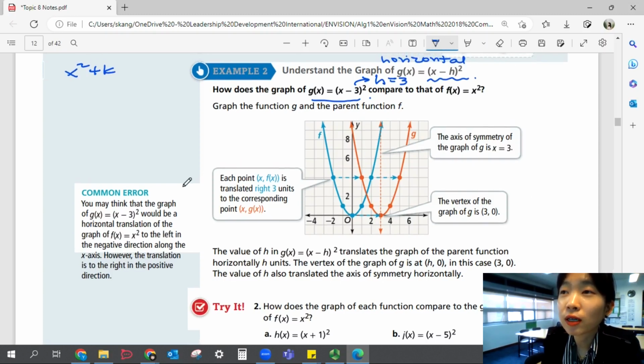But just make sure you read this common error. You may think that the graph of this would be a horizontal translation of the graph of the parent function to the left because there is a negative sign, but it's actually a positive translation because h is positive. Okay?